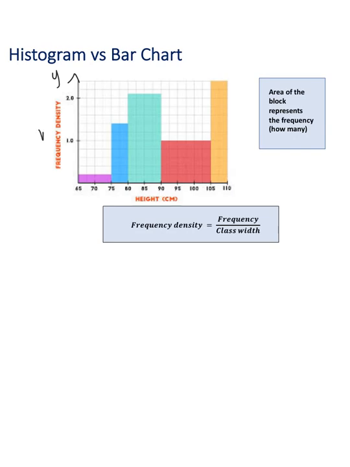So frequency density goes on the y-axis and then our other variable on the x-axis. And you need to remember here that the area of the block represents the frequency. So if I was asked to work out the frequency, I work out the area of this block: 10 times 0.2 is 2, so I know that the frequency of that block would be 2.